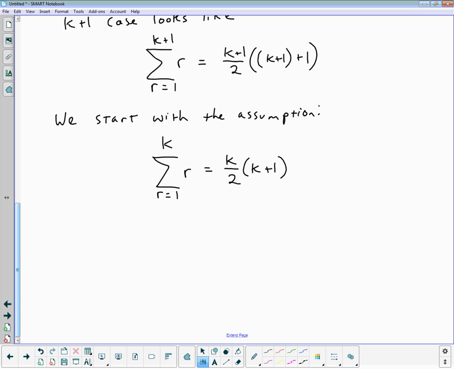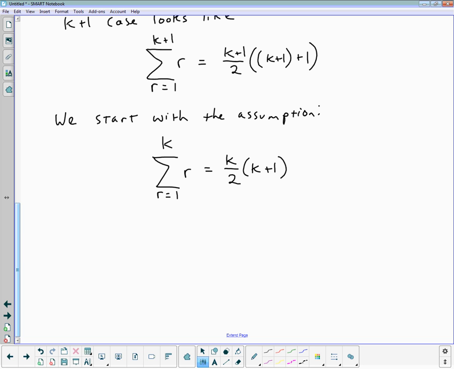It never changes in your notation. You'll never put k down here in the bottom of your sigma notation. None of those things will change, okay? So leave r alone, okay? R is a counter. That's all.